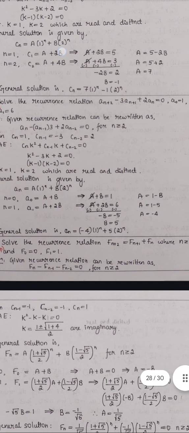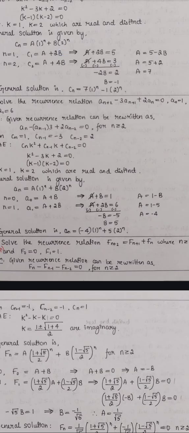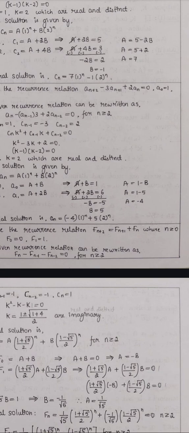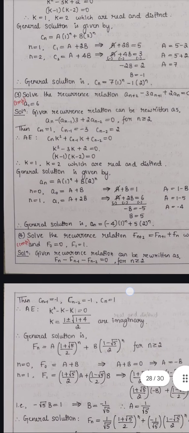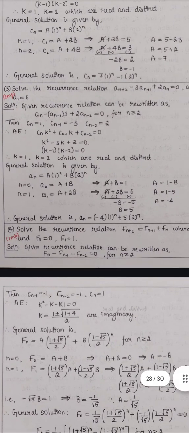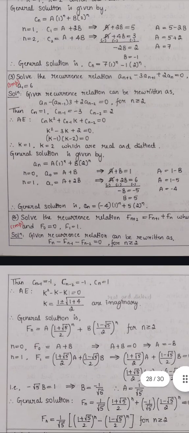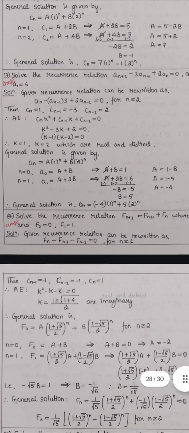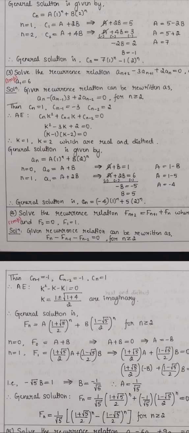Solve the recurrence relation an plus 2 minus 3 an plus 1 plus 2 an equals 0, with a0 equals 1, a1 equals 6. The given recurrence relation can be rewritten as an minus 3 an minus 1 plus 2 an minus 2 equals 0.